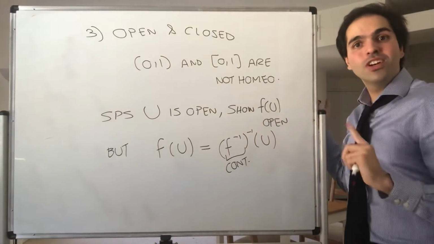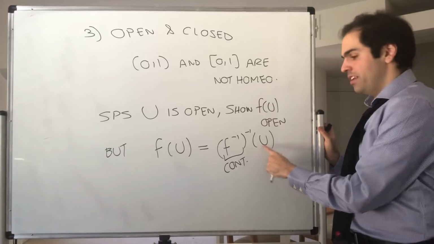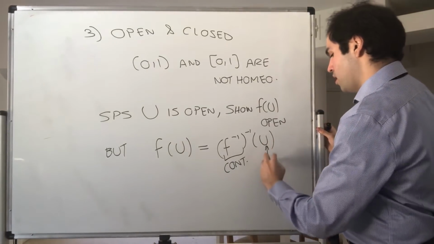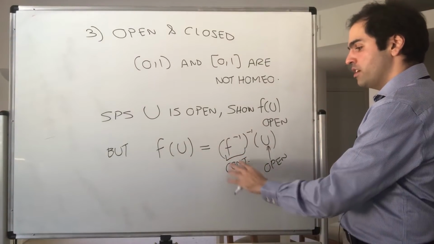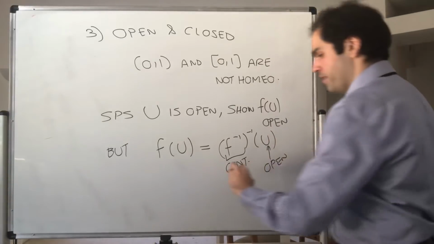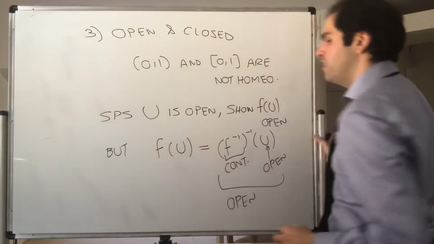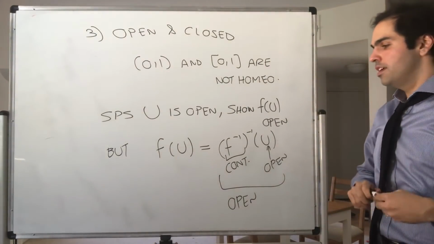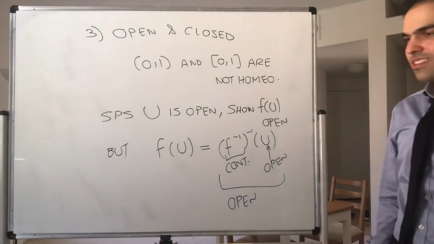And remember, for continuous functions, the pre-image of an open set is open. So U is open. Okay. F inverse is continuous, so the pre-image of F inverse of U is still open. So the whole thing is open, and therefore F of U is open. And exactly the same argument for closed sets.